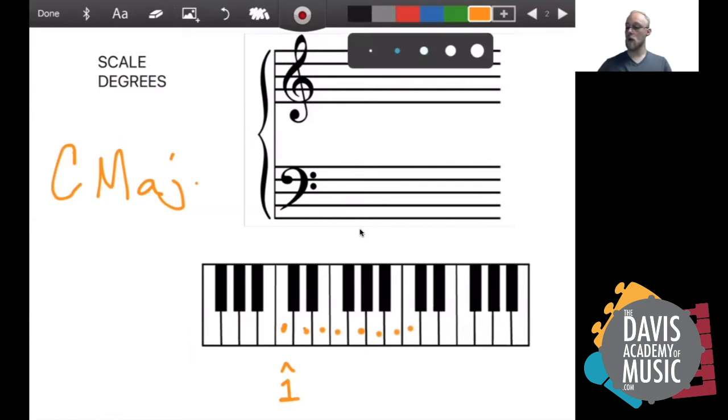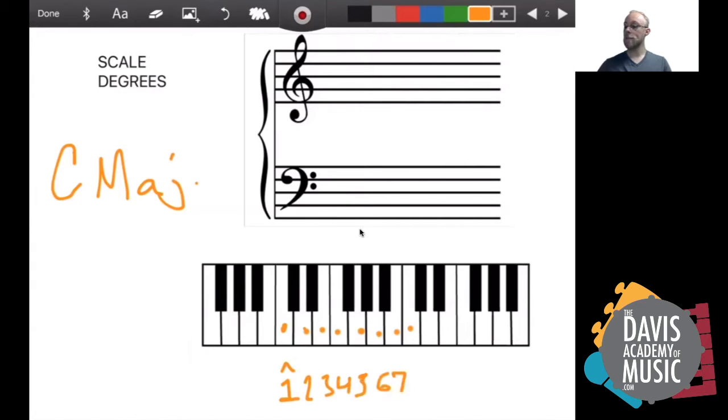So the scale degrees go from 1 to 2, 3, 4, 5, 6, 7, and then at 7, we repeat. So, in this case, our C is 1, our D is 2, our E is 3, F is 4, G is 5, A is 6, B is 7, and then all the way back to C again.